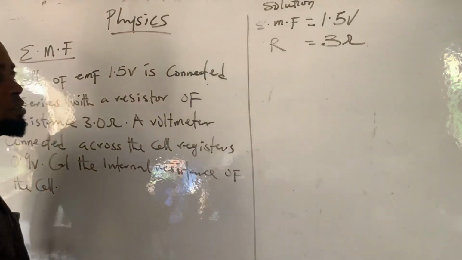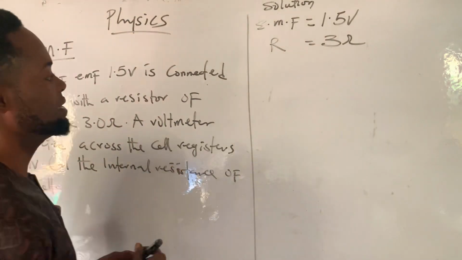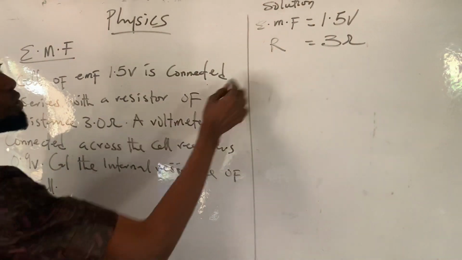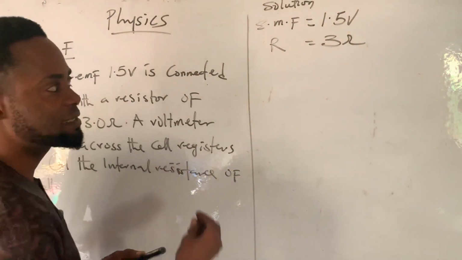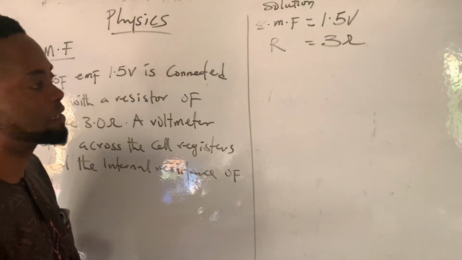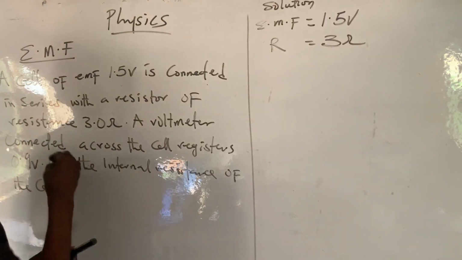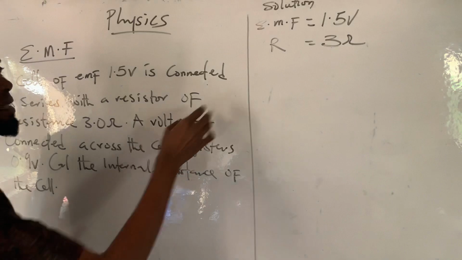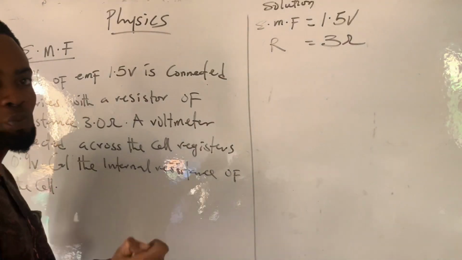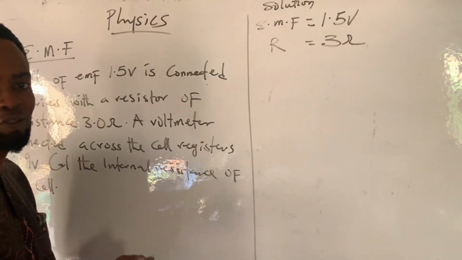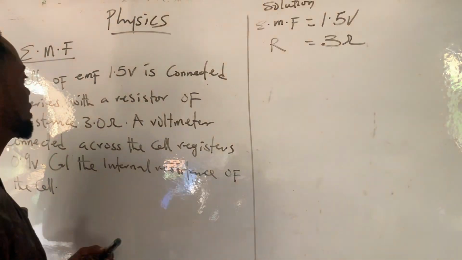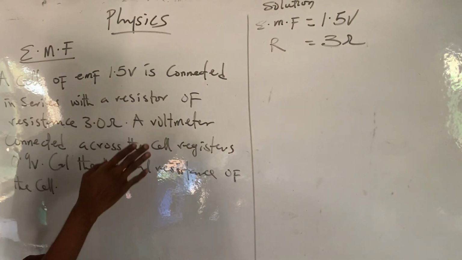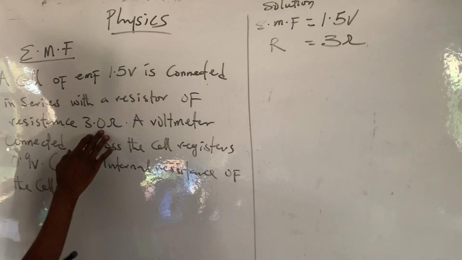Now, the problem some students make is with resistance, they use small r here. How do I know big R from small r? That is external resistance and internal resistance. Whenever you hear connected, then it's big R, because the small r is internal resistance. You don't need to connect it, it's internal resistance that is in the cell. So that settles it.